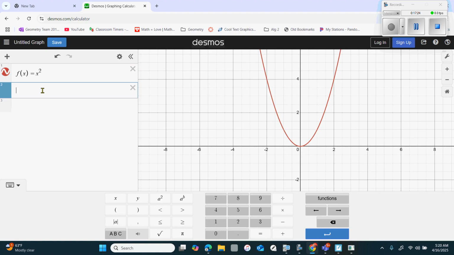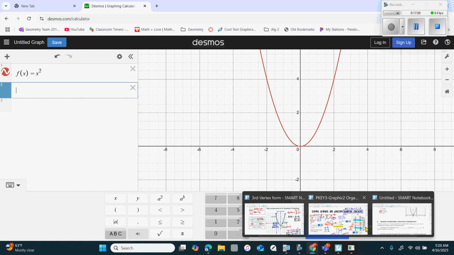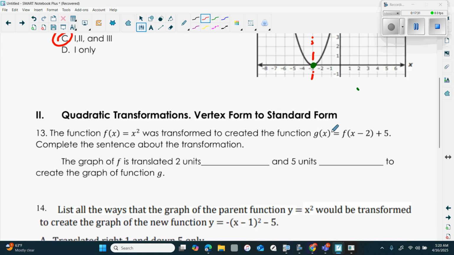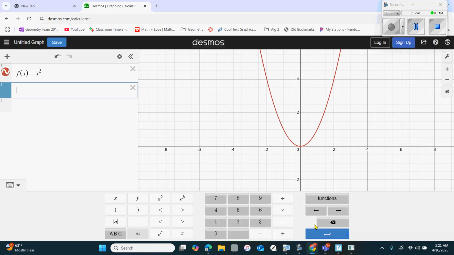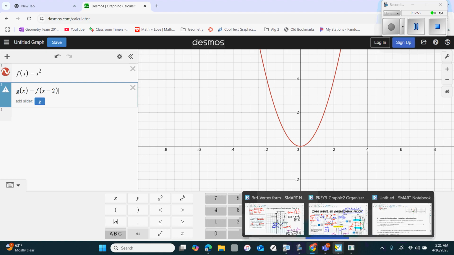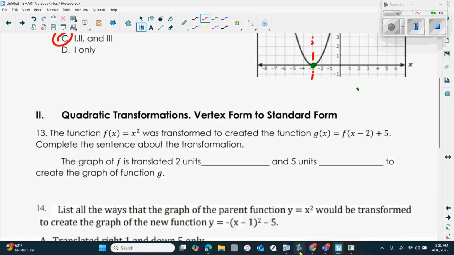And we want to look at the transformation. So on the problem, I'm going to go to this next row. We're going to create the function g of x, which is equal to f of x minus 2. So in our Desmos calculator, we'll do g of x equals f of x minus 2, and I forgot the other part, plus 5.